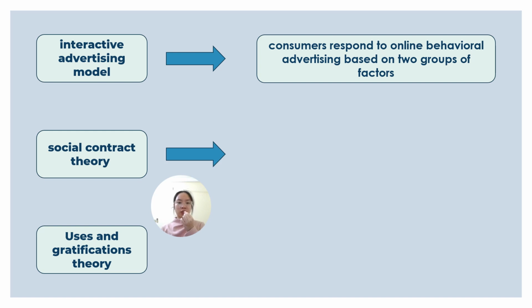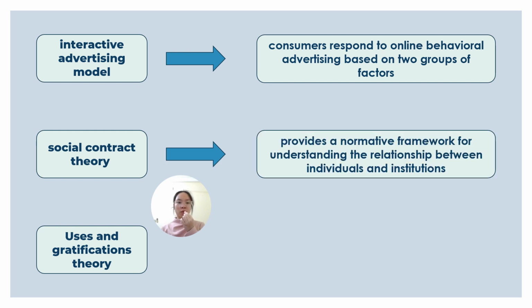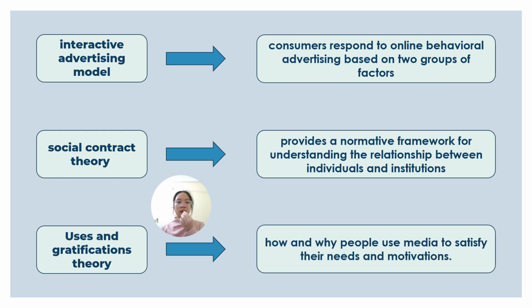The social contract theory provides a normative framework for understanding the relationship between individuals and institutions, such as SNS, and how they exchange personal data for benefits. Uses and gratifications theory examines how and why people use media to satisfy their needs and motivations.